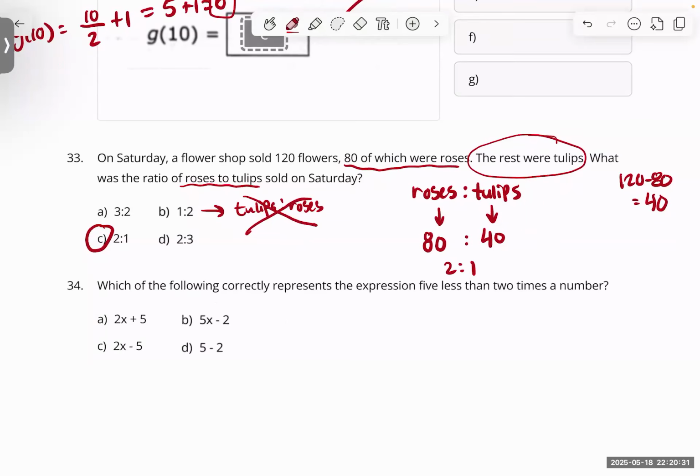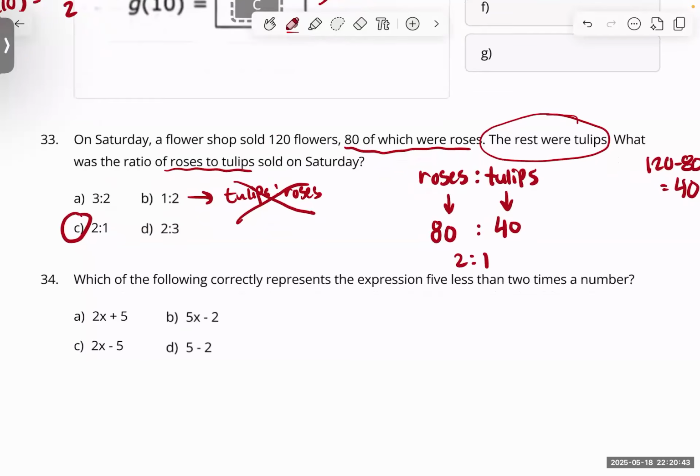Which of the following correctly represents the expression 5 less than 2 times a number? Whenever you're reading stuff like this, you can translate this into algebra. 5 less than. Think of what 5 less than means. If Sally has 10 apples and I have 4 less apples than her, how many do I have? I have 6 because 10 minus 4. That means I did subtraction. So minus 5.